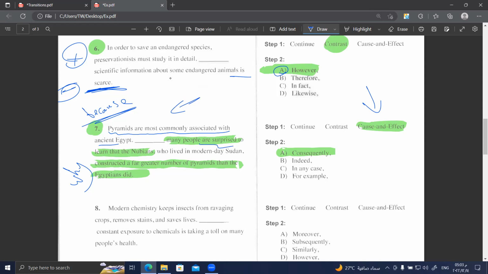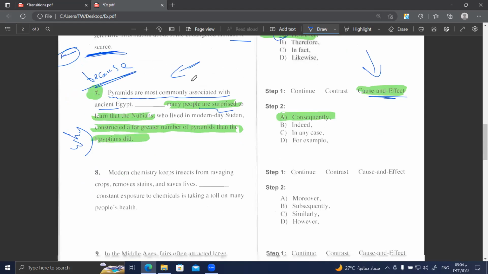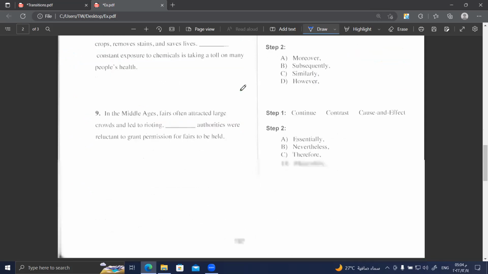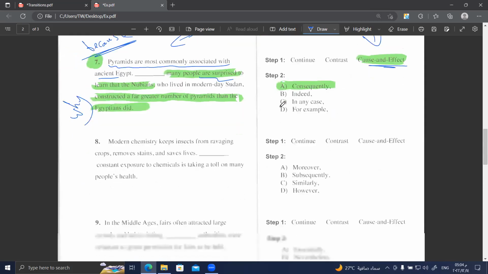Because pyramids are most commonly associated with ancient Egypt. It makes sense, right? It makes sense. So cause and effect and A. Feel comfortable making mistakes, guys. You know what? It is okay to err. No problem at all. And number 8.